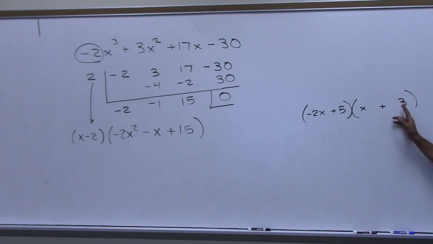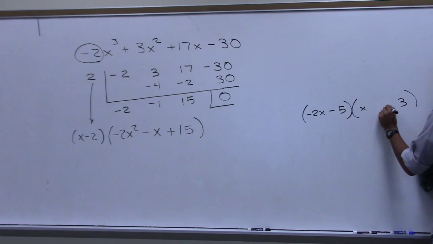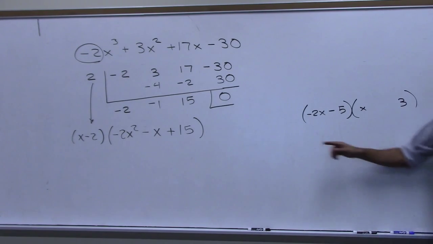and that gives me negative 15, hold on. Minus 5 here, and then what? X plus 3. Can't be plus 3 because it's plus 15.